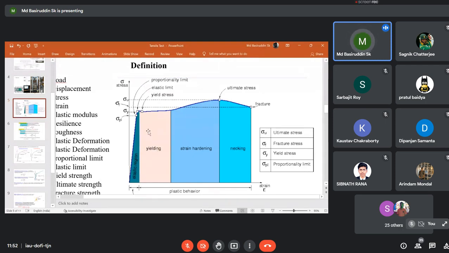In the yielding region, no increase in stress is happening, but the permanent deformation is going on. You will find this defined as the yield point phenomena. Beyond that, the increment in stress generally happens, and that is because of the strain hardening.